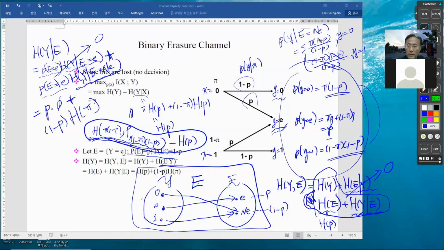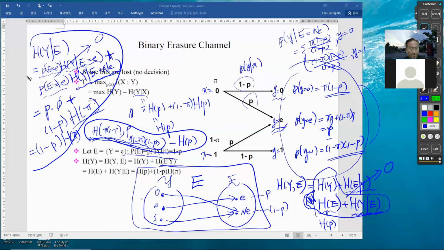So cancel this. So the distribution is parameterized by binary distribution pi. So the entropy on that is this. So H(Y|E) is equal to (1 minus p) times H(pi). That is the result.